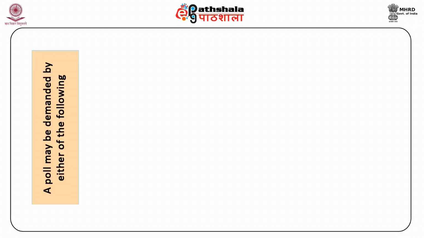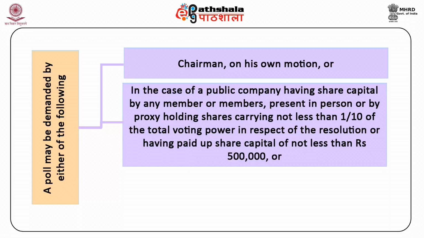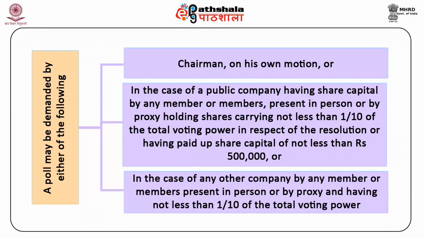A poll can be demanded either before or after the declaration of the result of voting on a show of hands. A poll may be demanded by either of the following: A. Chairman on his own motion, or B. In the case of a public company having share capital, by any member or members present in person or by proxy holding shares carrying not less than one-tenth of the total voting power in respect of the resolution, or having paid up share capital of not less than rupees 5 lakh, or C. In the case of any other company, by any member or members present in person or by proxy and having not less than one-tenth of the total voting power.